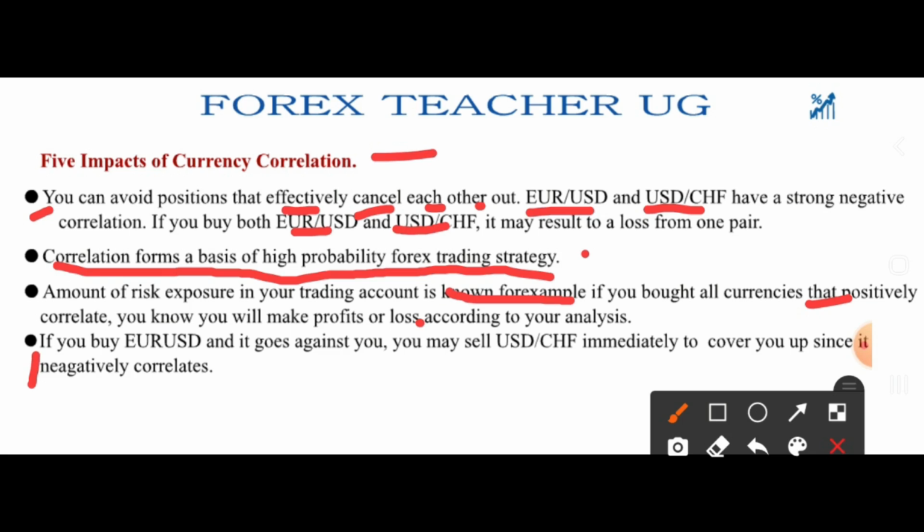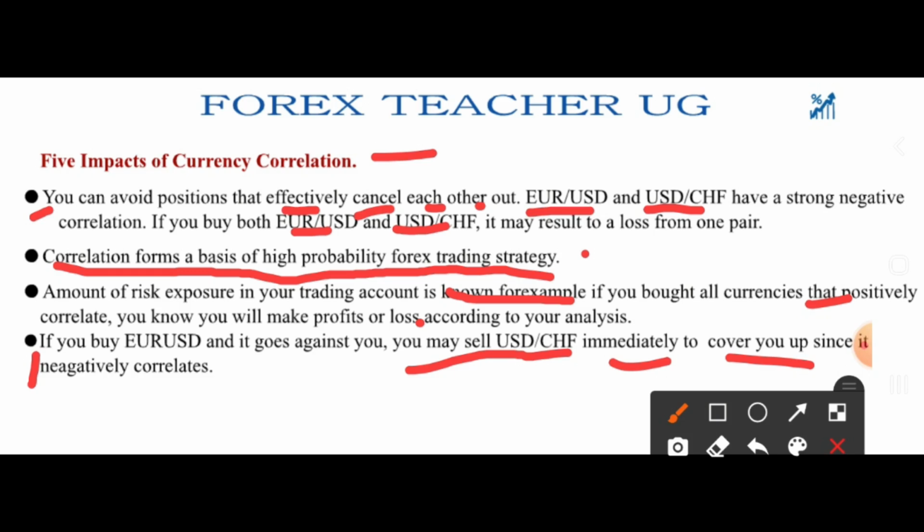Another thing is, if you buy EUR/USD and it goes against you, you may sell USD/CHF immediately to cover up your losses, of course with a bit higher lot size. But after doing a clear analysis, you don't just look at this and go and sell that.